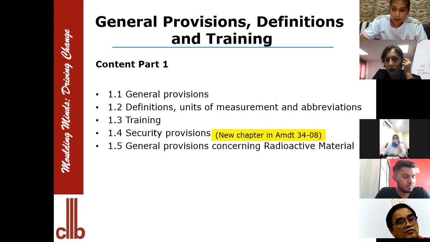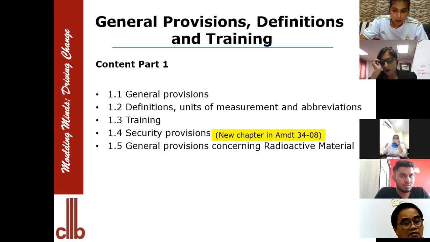However, when you open the code in part 1, general provisions, they are talking about the types of ships that the code applies to. So what size vessels, what year vessels, and so on, that is in your 1.1 general provisions. In 1.2, they go about giving you definitions of certain terms that are used, like cargo transport units.